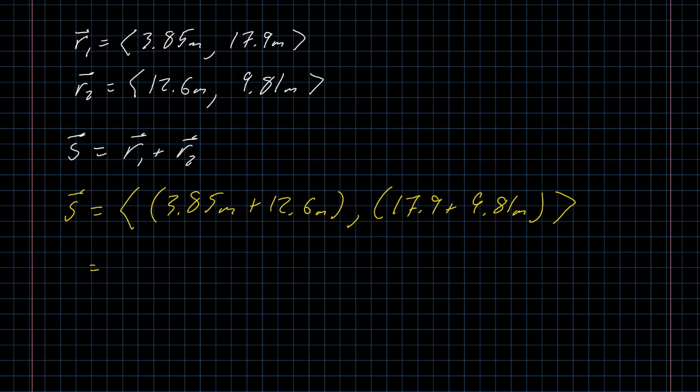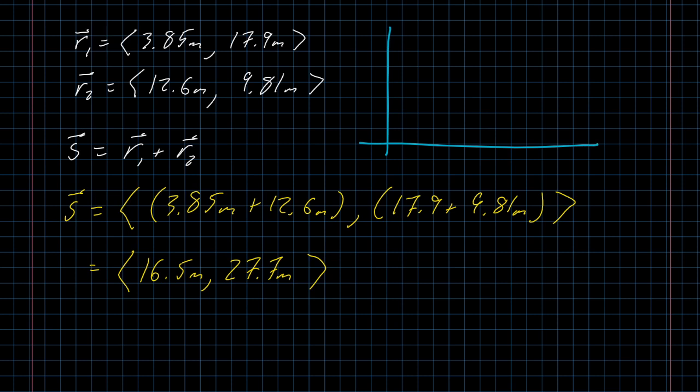So I'm going to end up with components of 16.5 meters and it looks like 27.7 meters. Does that make sense? If you think about the picture that we saw previously on what it looks like adding some vectors together, I think it should make sense.